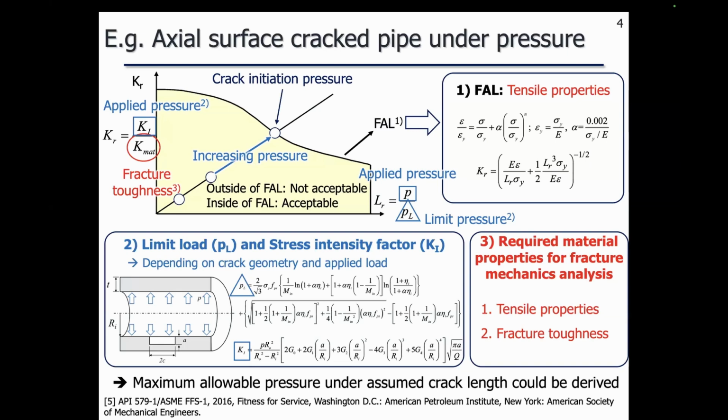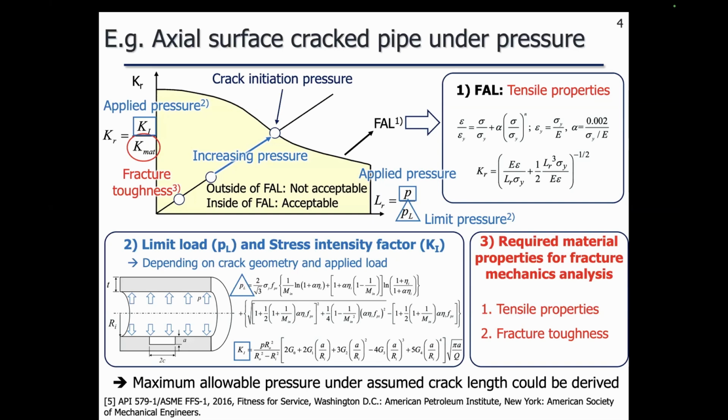Here, the limit pressure PL and the stress intensity factor K could be calculated using various codes, but in this study, we used the API code. By increasing the applied pressure, when the assessment point meets the FAL, the corresponding applied pressure is assumed as the crack initiation pressure.